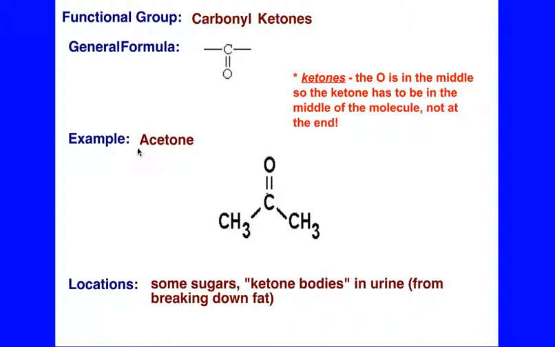So acetone is a common ketone. Ladies, this is the substance that you have in your fingernail polish remover. But there's three carbons, and this middle carbon is our double bonded oxygen. And again, we find ketones in sugars, and we also find it in urine from breaking down fat.